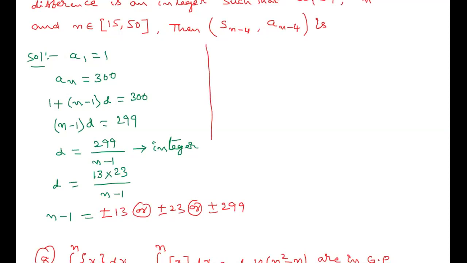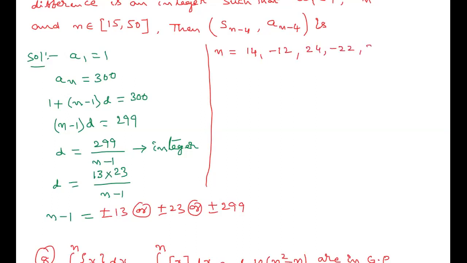Now see the calculation. n minus 1 is equal to plus or minus 13 means what are the n values? One will be 14, another will be minus 12. Next, n minus 1 is equal to plus or minus 23, that is 24 or minus 22.